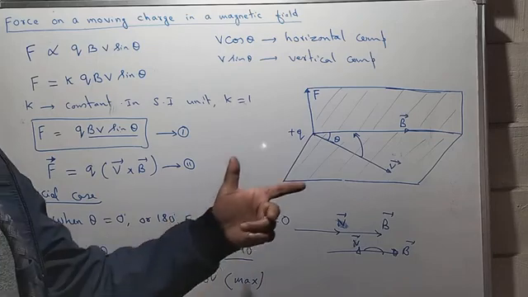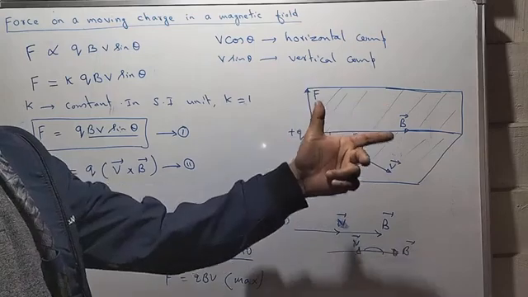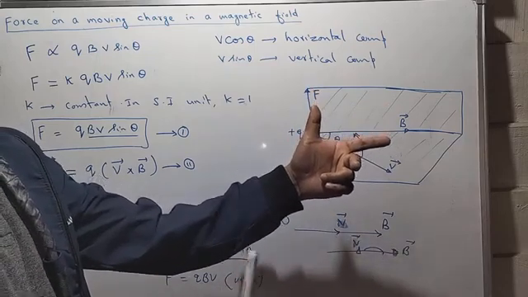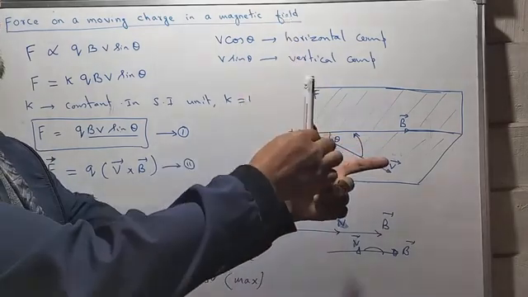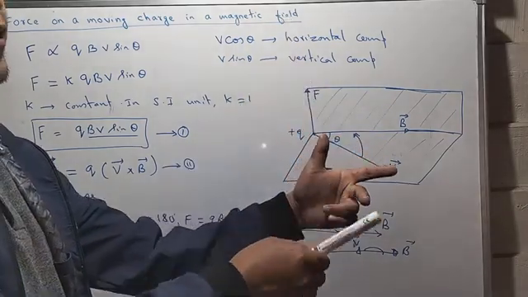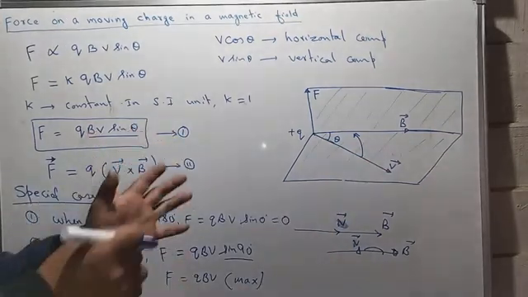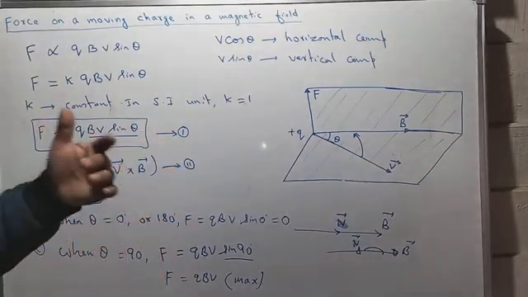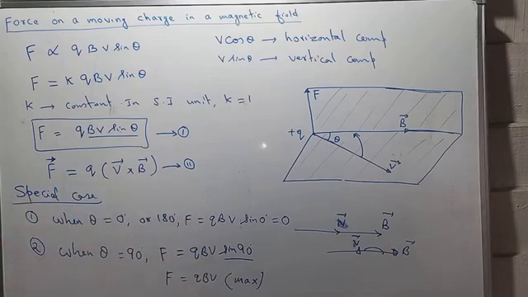So when a charge is moving perpendicular to the magnetic field, that charge will always experience a maximum force, and the direction of that force should be perpendicular to both V and B arrow. Okay, so this is the introduction of the magnetic force which is experienced by a moving charge.